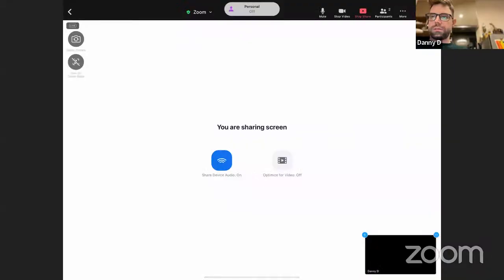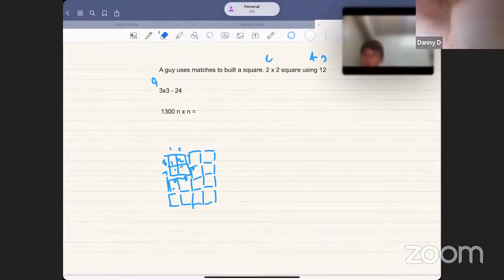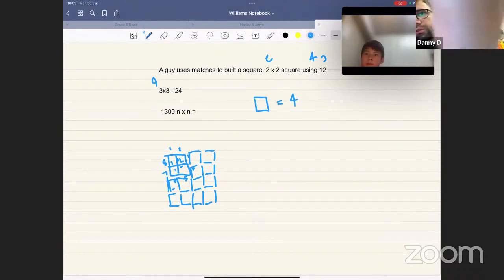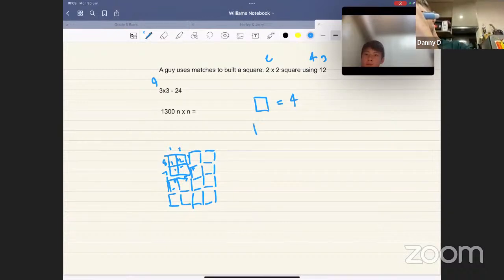So for example, my thinking is that if it's a 1 by 1 square, it uses 4, right? A 2 by 2 uses 12. So this is times 1, times 2. Sorry, times 3 would be 24.